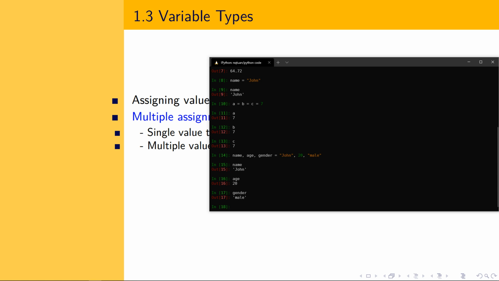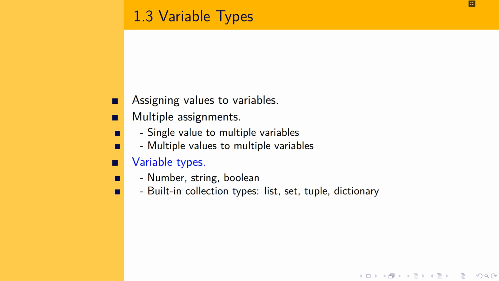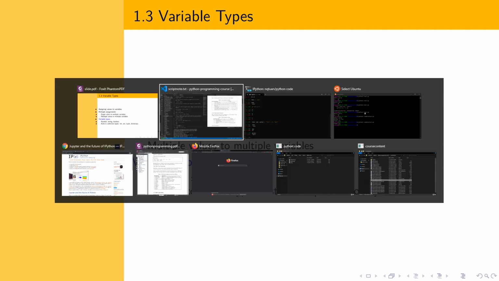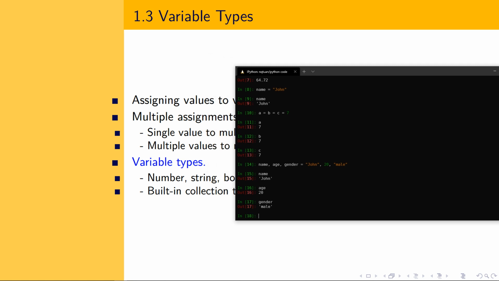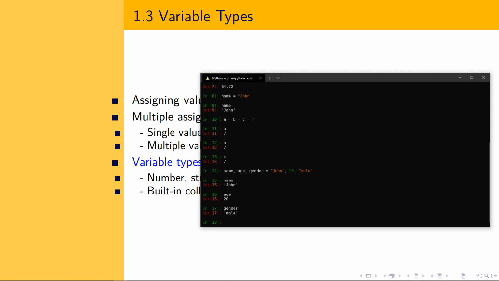The next thing is variable types. Python provides basic types: number, string, boolean, and also built-in collection types like list, set, tuple, and dictionary. Before moving on to some examples, I would like to introduce the type function. Right now you can consider it a magical function which takes an object and tells you the type of the object.